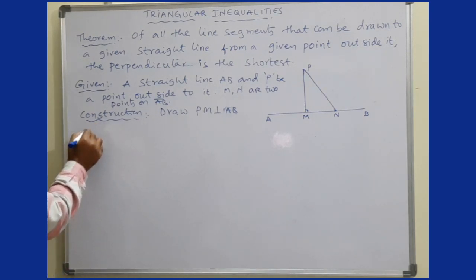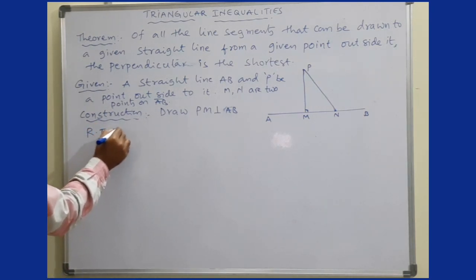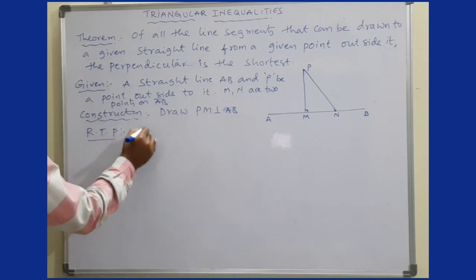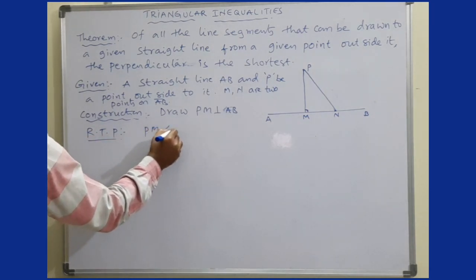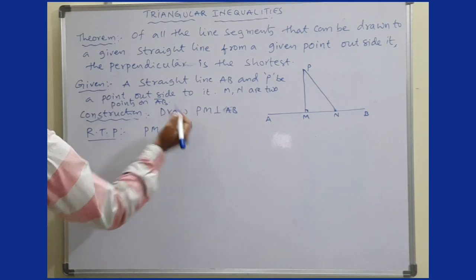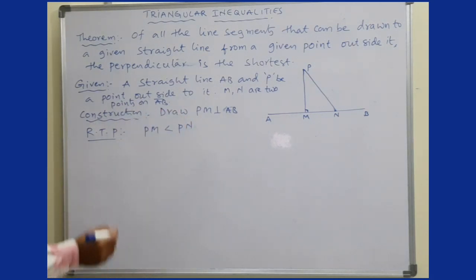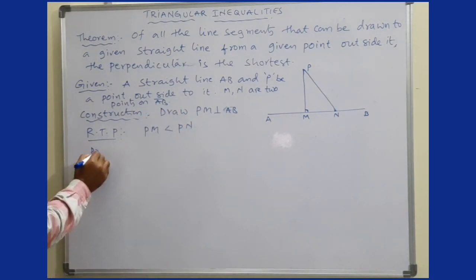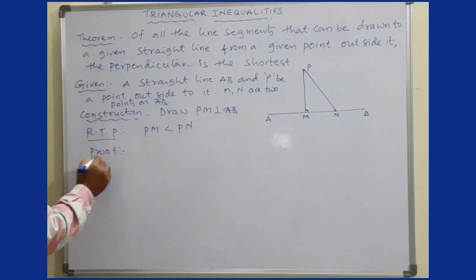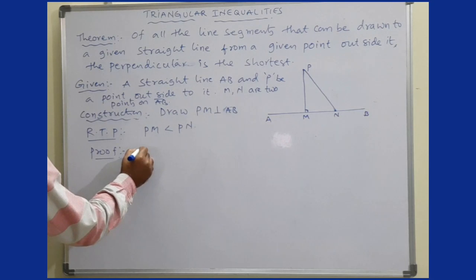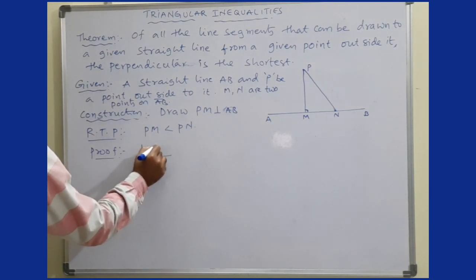So what do we need to prove? We have to prove that PM is less than PN. Fine. So very simple. So look at the proof. Coming to the proof, what is the angle PMN?